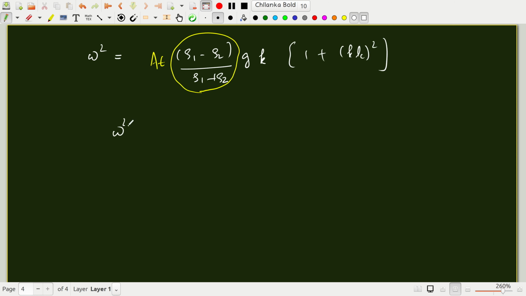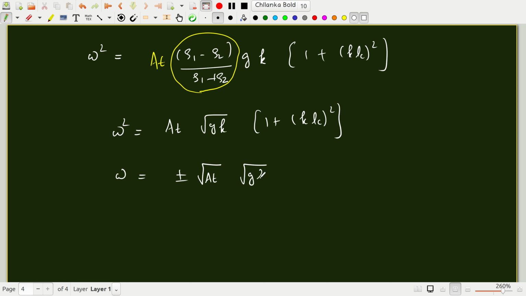So omega squared is AT, the Atwood number, times gk times (1 plus k LC) the whole squared, or omega is plus or minus square root of AT times square root of gk times (1 plus k LC) to the half.